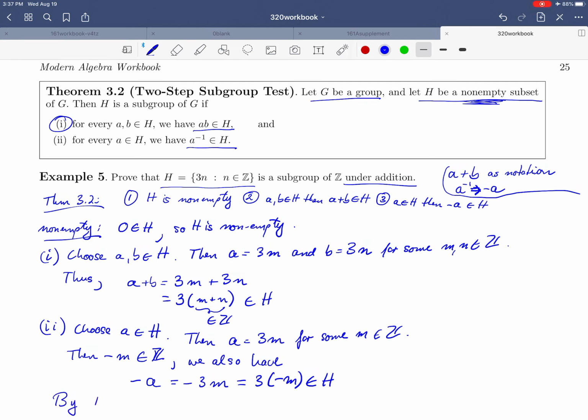So by Theorem 3.2, H is a subgroup of G. In fact, not just G, in our case, it's a subgroup of the set of integers under addition.